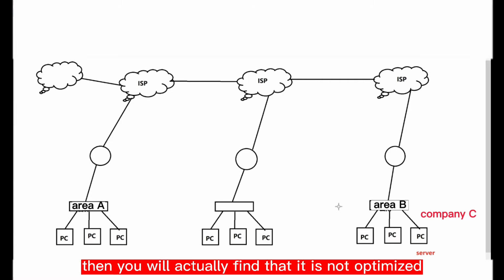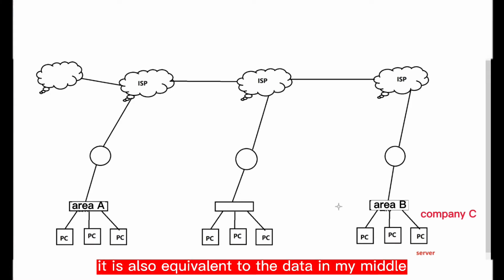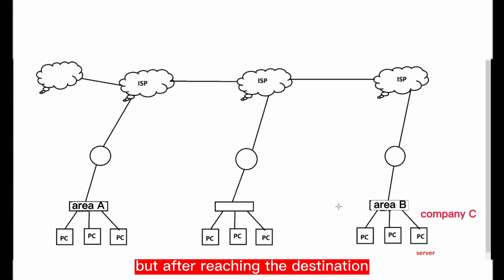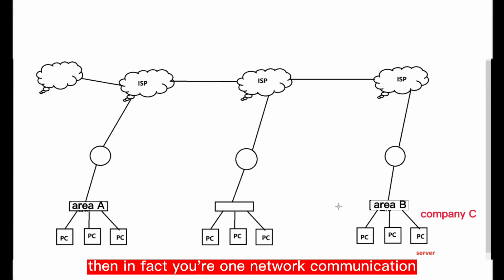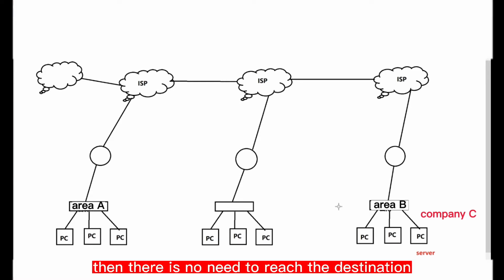It is equivalent to the data in the middle having run so far, but after reaching the destination, it could not be successfully parsed. Then in fact your network communication has already been interrupted. So if your data itself is wrong, then there is no need to reach the destination.